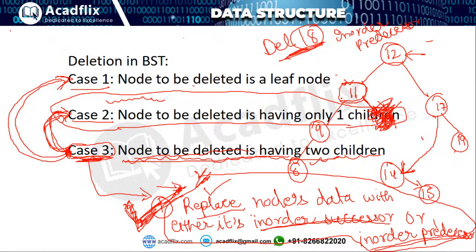You can replace the node's data with either its in order successor or its in order predecessor. You could have replaced it with 17, its in order predecessor, or with 19, its in order successor. Here I replaced it with the in order predecessor, but you could have done it either way.